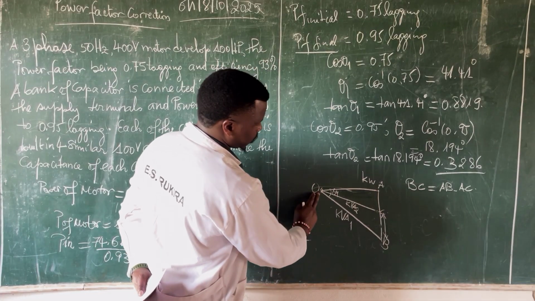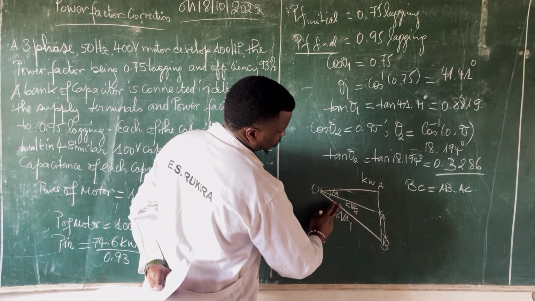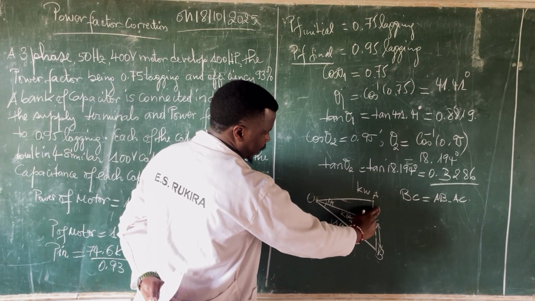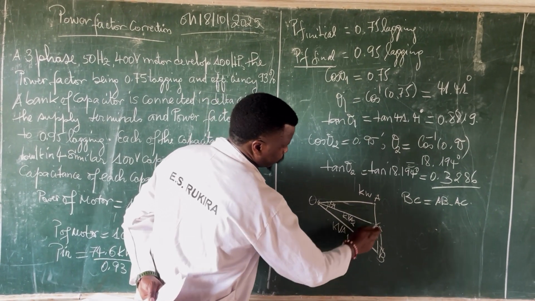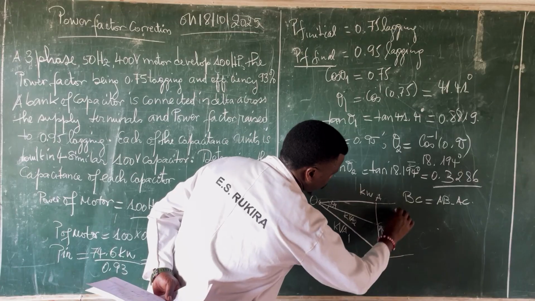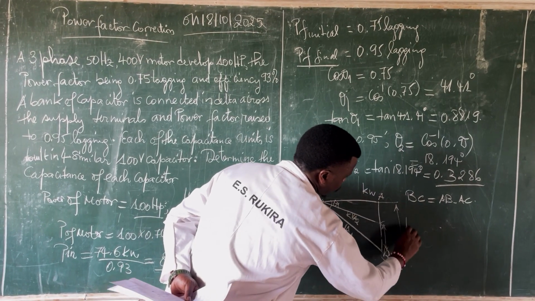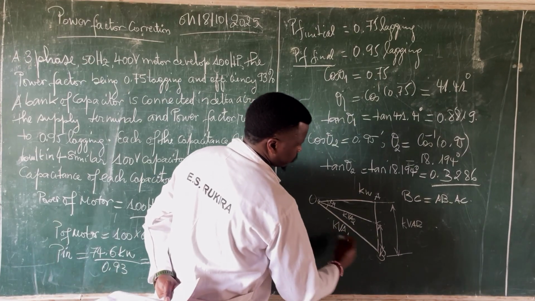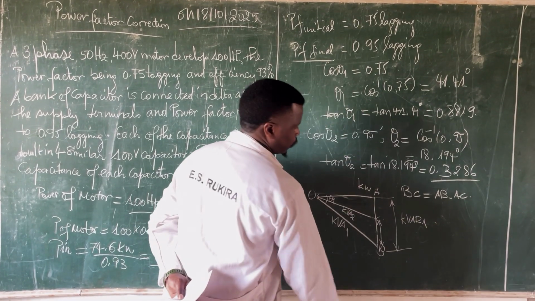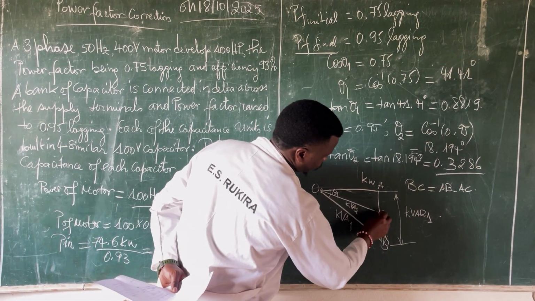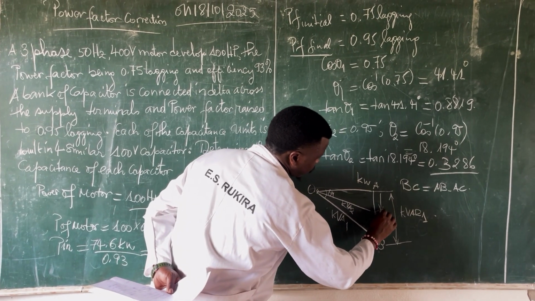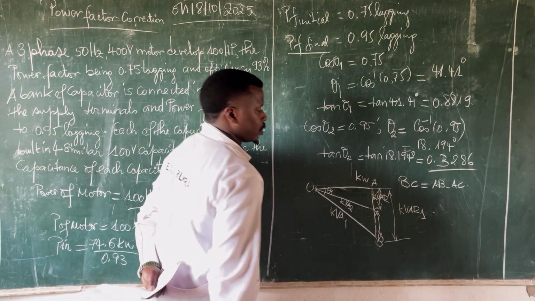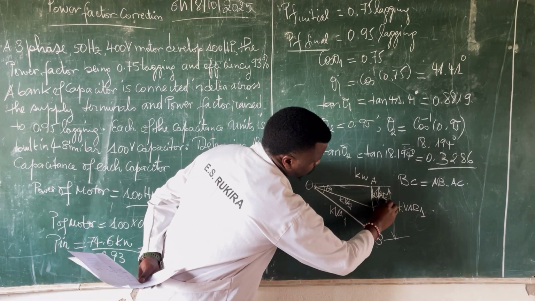Now, for transposing this apparent power to this reactive power by applying tan, this line corresponds to kVAR 1 for the angle of power factor 1, while for this it will be kVAR 2 for angle 2.